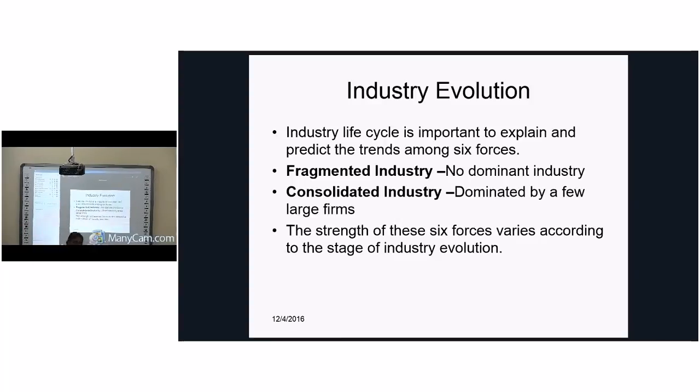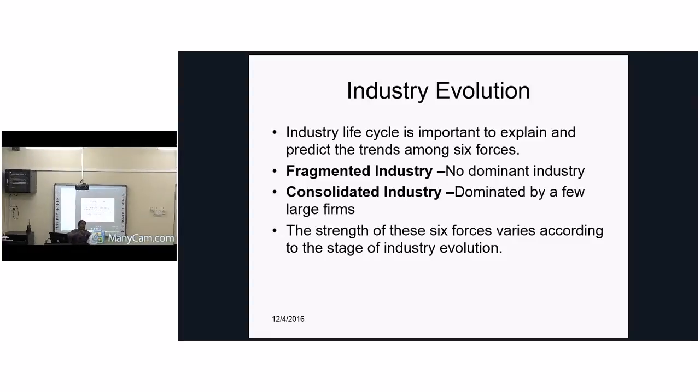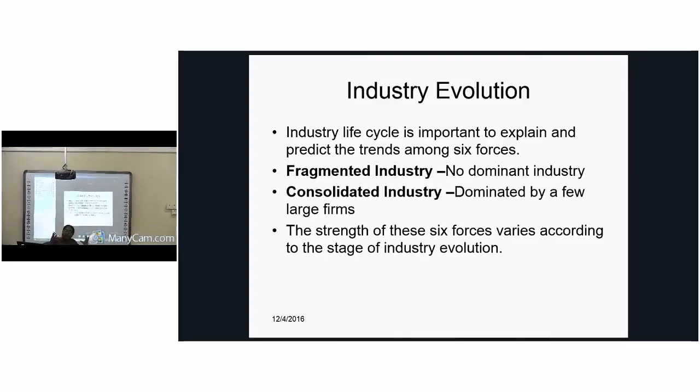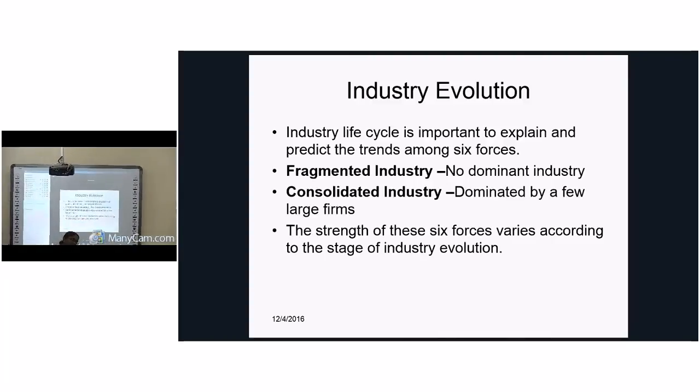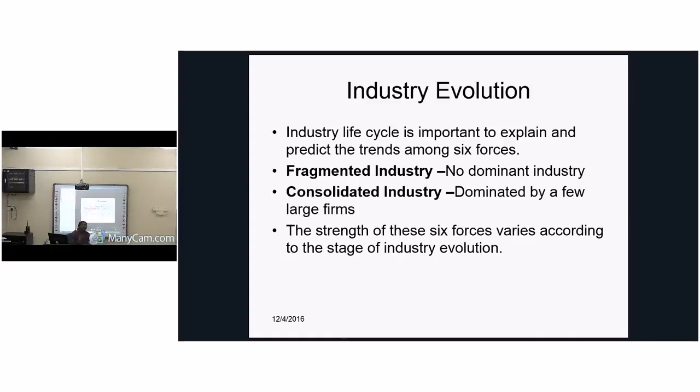In a fragmented industry, companies perform separately, and all are similar in scale, strength and investment, with no dominating company in the industry.